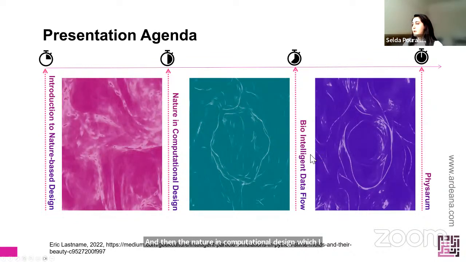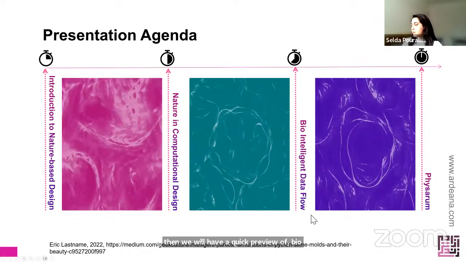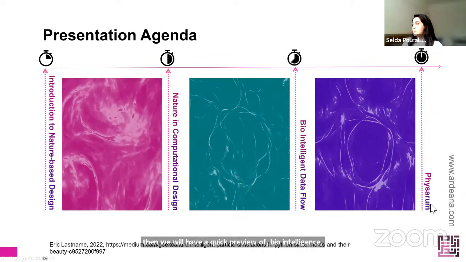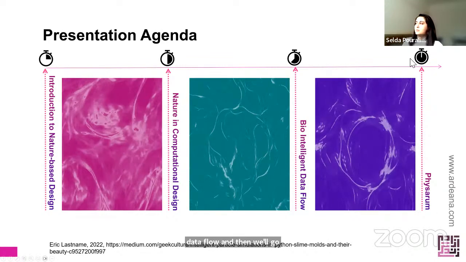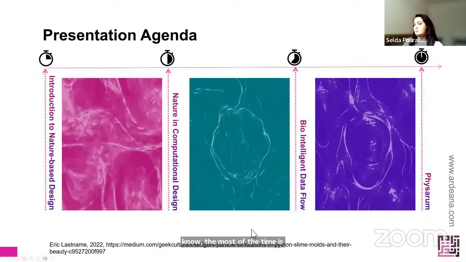And then we will have a quick review of biointelligence data flow, and then we'll go to Physarum in more detail. Most of the time is for Physarum because it's the most important one to talk about.